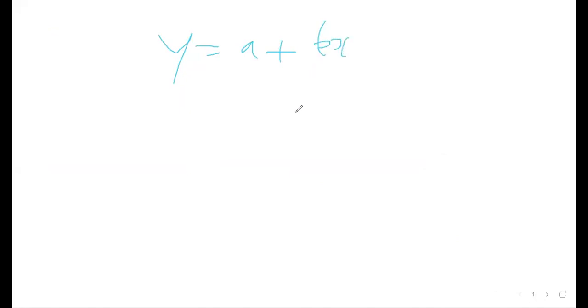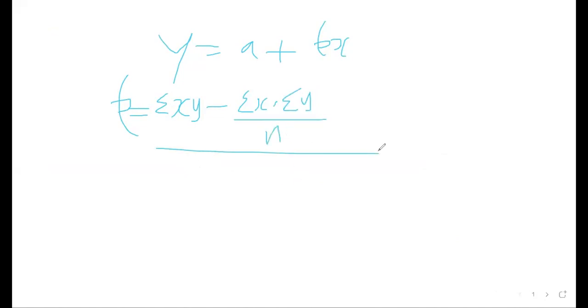Of course, now we simply say our b is equal to summation of xy minus summation of x multiplied by summation of y over n, over summation of x square minus summation of x square over n.